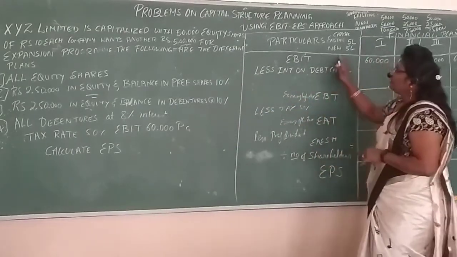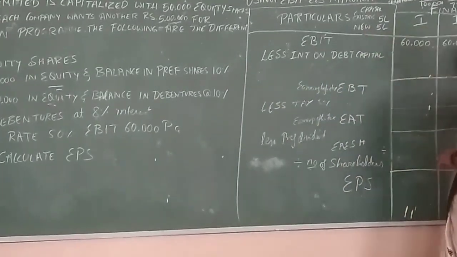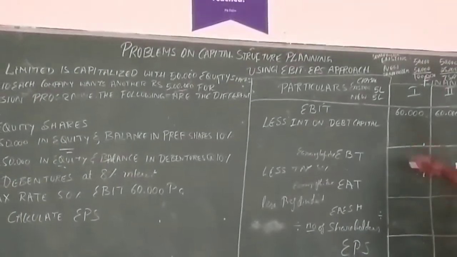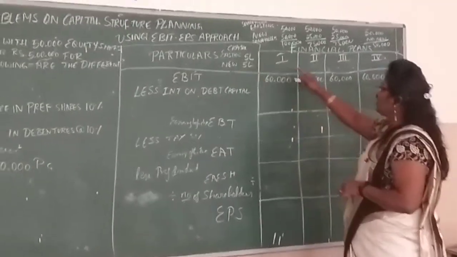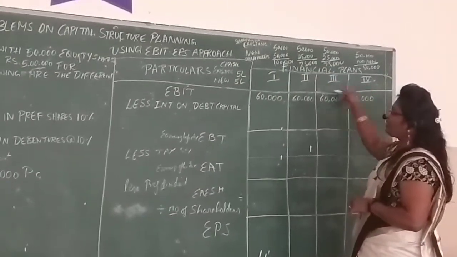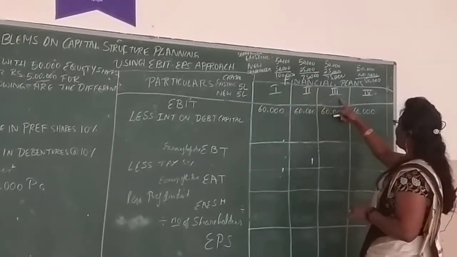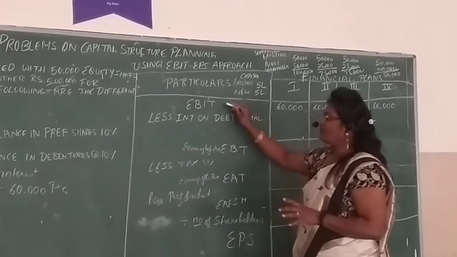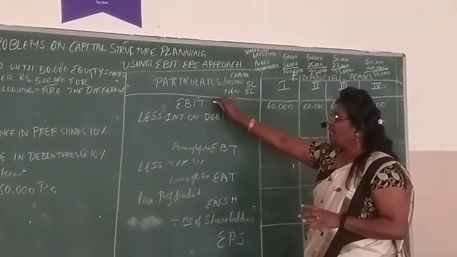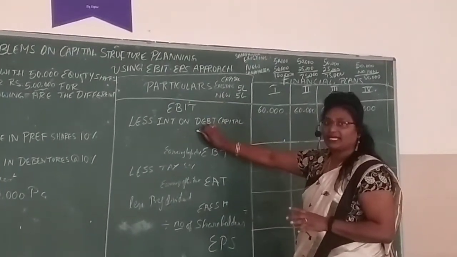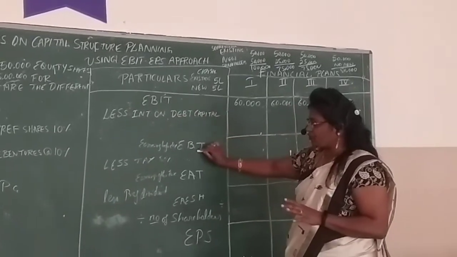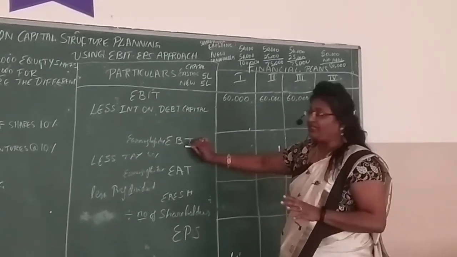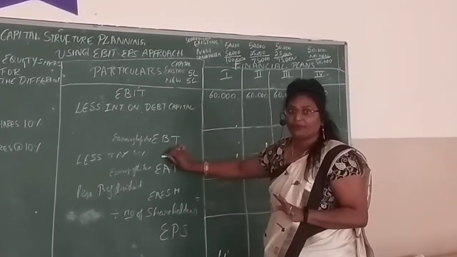So here is the format we have to follow. We need to write down particulars, the 4 financial plans: plan 1, plan 2, plan 3 and plan 4. Always it starts with EBIT, then less interest on debt capital, and we get EBT. Then we have to pay tax of 50%.